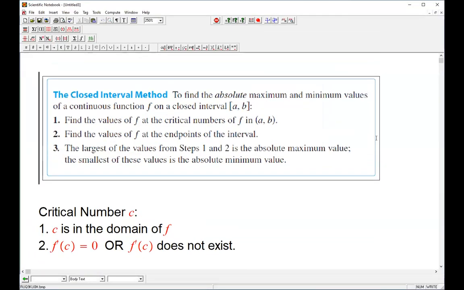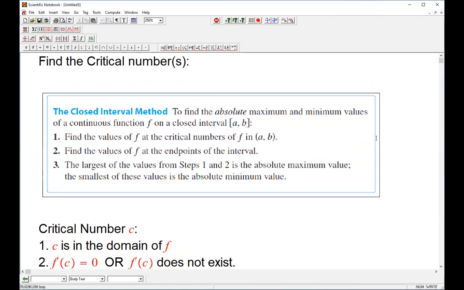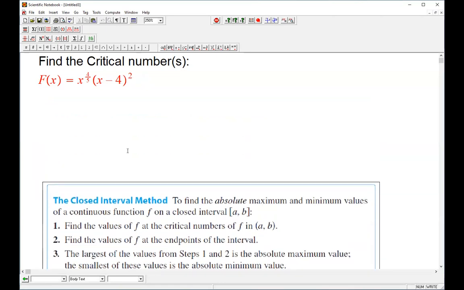It says "critical numbers," plural, because we don't know how many to expect. Number 39: F of x is equal to x raised to the power of 4/5 multiplied by (x minus 4) to the power of 2.